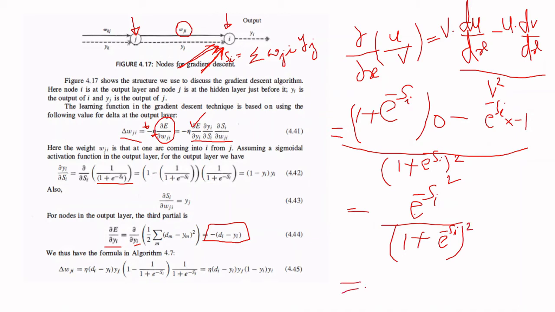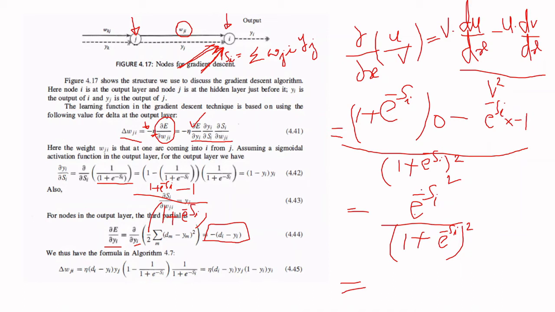Actually, this is the same as what is written here. If we consider 1 minus 1 by 1 plus e raised to minus s_i, this can be rewritten as 1 plus e raised to minus s_i minus 1 divided by 1 plus e raised to minus s_i. This term can be written like this, which is e raised to minus s_i by 1 plus e raised to minus s_i.